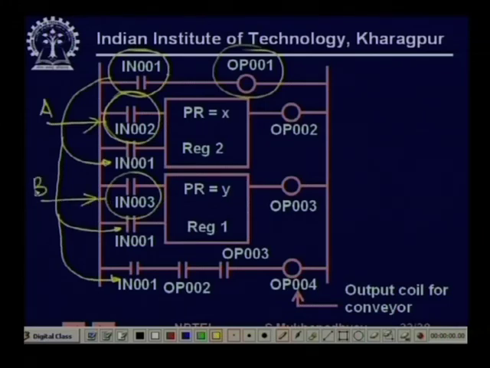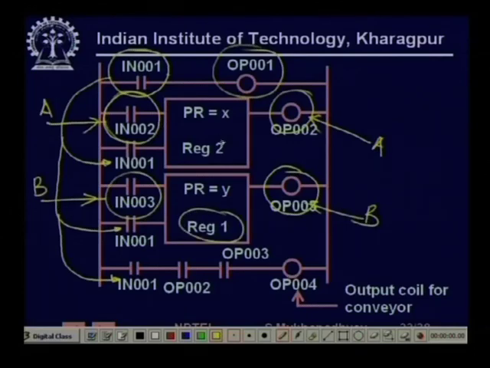So every time a part arrives, there is a pulse here and the corresponding registers are incremented. When this register crosses its preset, this output goes high.